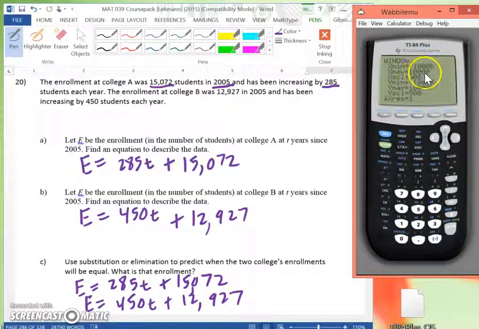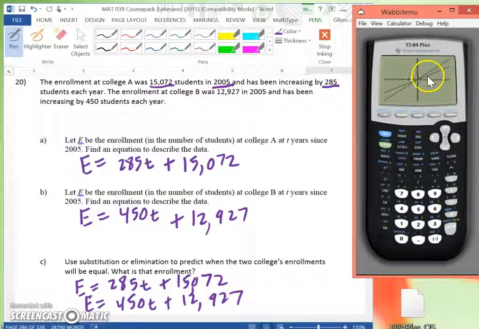We still have our negative 10,000, 10,500, negative 10,000, 10,500. Even though it didn't graph it, what we will have to do after we change this window is press zoom, then go down to where it says zoom fit again, and press enter. And it should work.